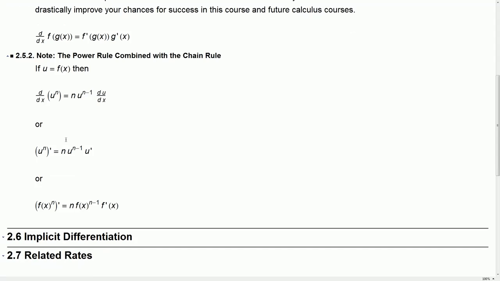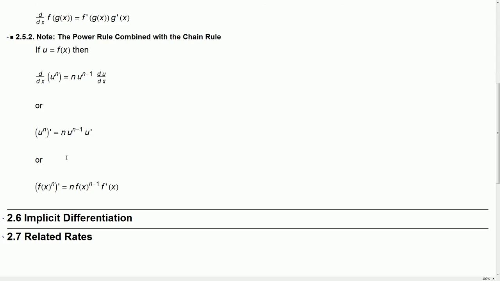So there's a couple of different ways to notate this. u to the n, right? The derivative of u to the n is n, u to the n minus 1 times the derivative of u, this thing right here, the base. Or you could say, if you have some function f of x raised to the n, so this power is being applied to the whole function, technically I should put that n right here like this.